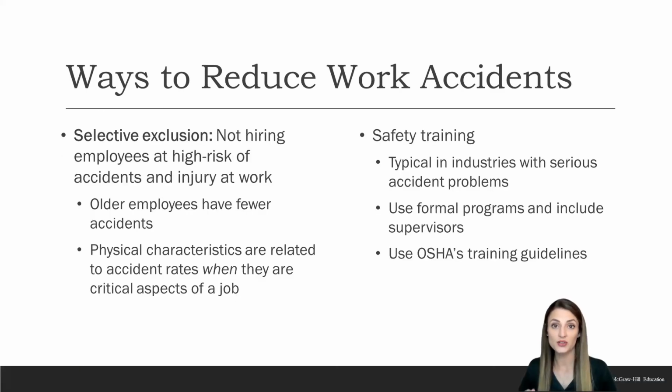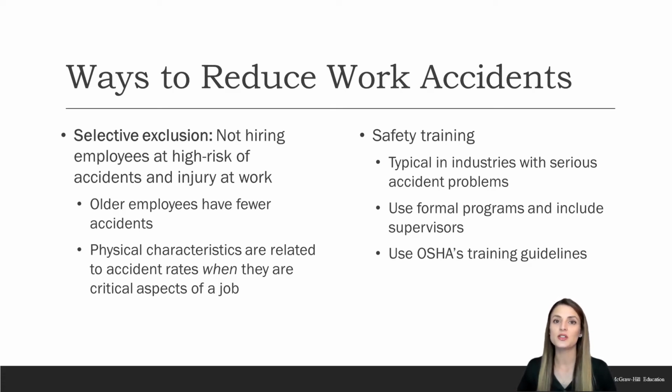Here are two other ways of reducing workplace accidents: selective exclusion and safety training. Selective exclusion involves not hiring people who are at risk for accidents. For instance, older employees tend to have fewer accidents than younger employees. I ask you to explore that this week in the reflection exercise.